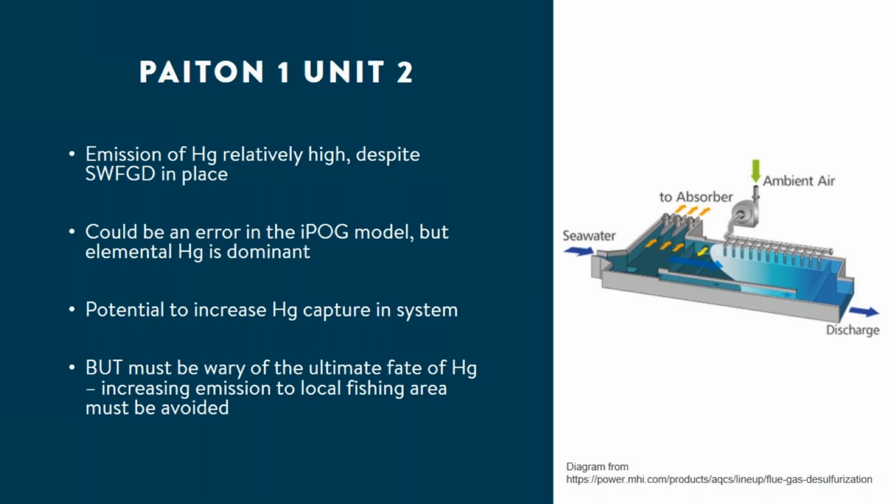Because of relatively high mercury emissions and having this wet FGD installed, there is potential to increase mercury capture in the system considerably, I would say. But there is a big but.